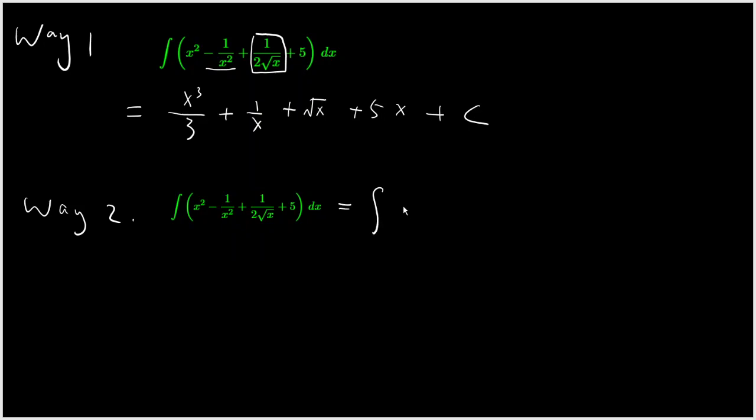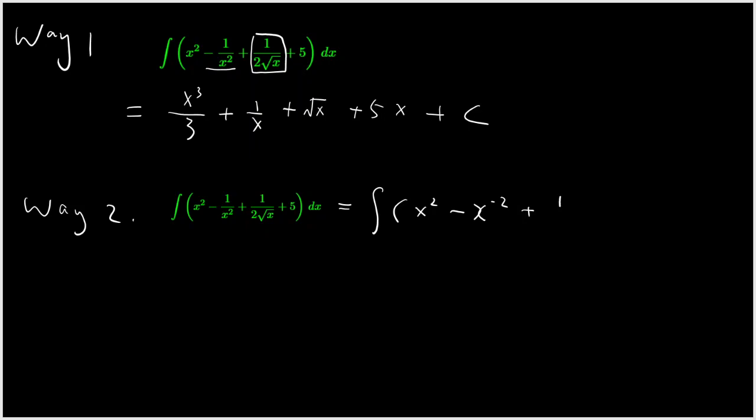rewrite all the terms in the integrand in terms of the power functions. One function is x squared, and then minus the second function is 1 over. So not 1 over. We convert 1 over x squared to the form of a power function, to the form of x to the power of negative 2, right? And then the third function is plus.